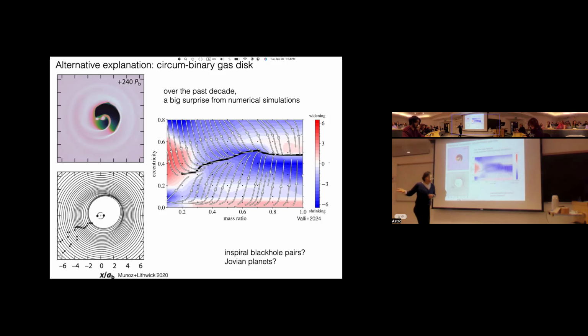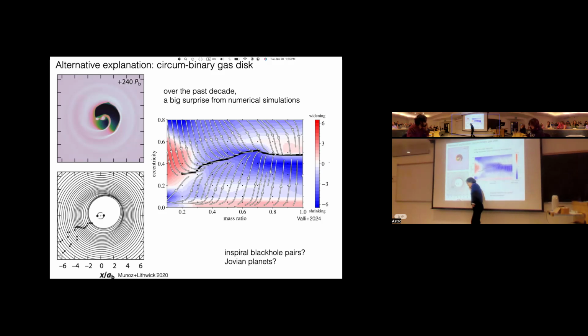Your physical intuition, I hope, as well as simple hand-waving arguments suggest that they are going to sink, they're going to circularize. Numerical simulation suggests otherwise. For example, in this case, red, this is the mass ratio versus eccentricity. If you put a binary at this mass ratio and this eccentricity, red means we don't understand. The arrow here means that they're actually going to grow in eccentricity.